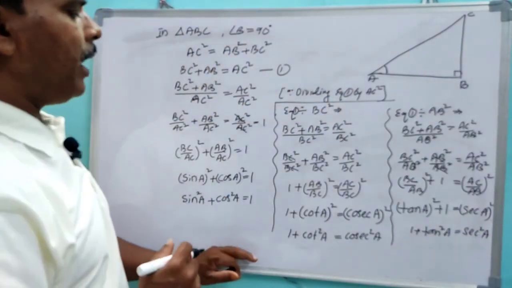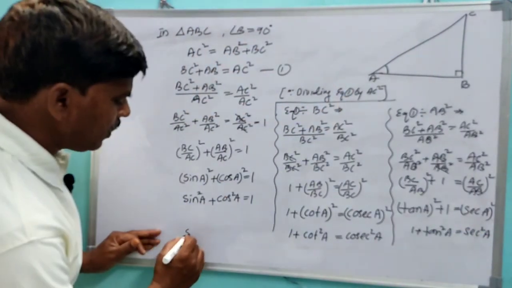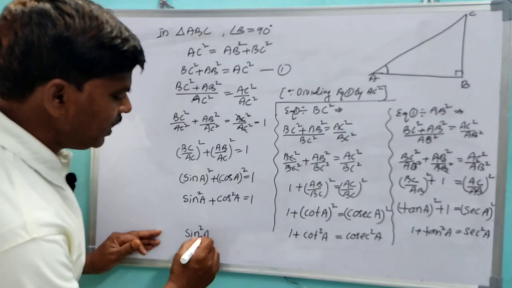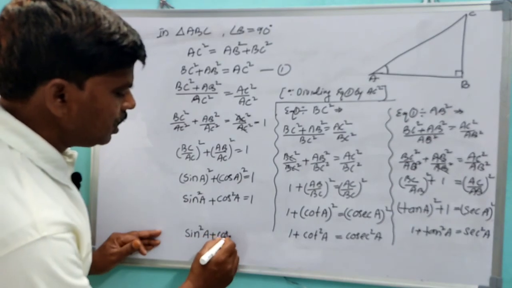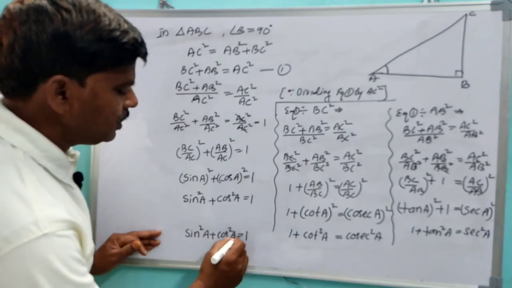So we have three identities. What are those? Sin square A plus cos square A is equal to 1. This is the first identity.